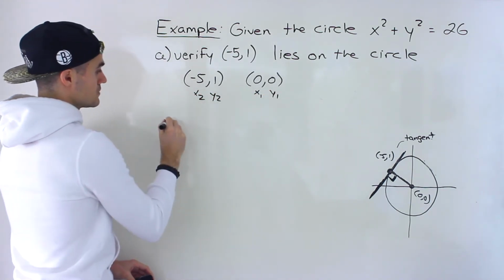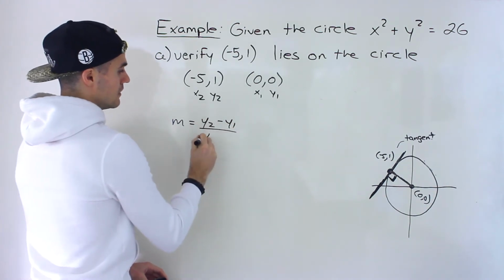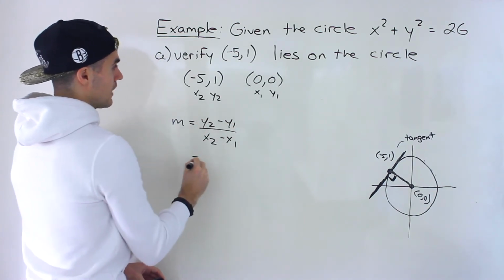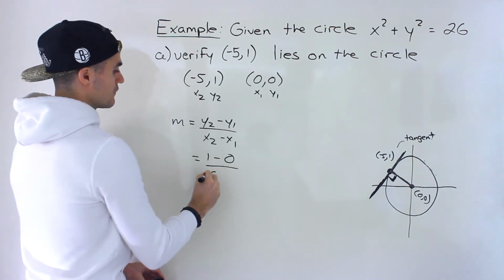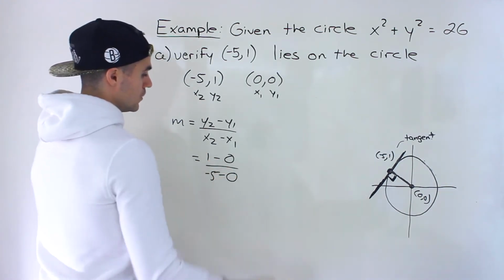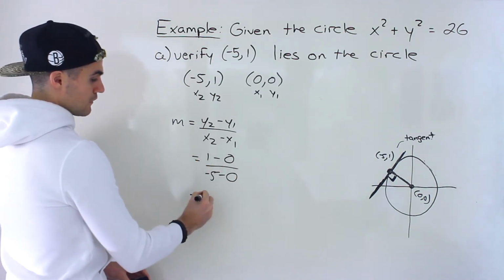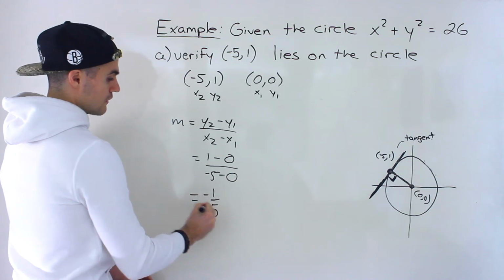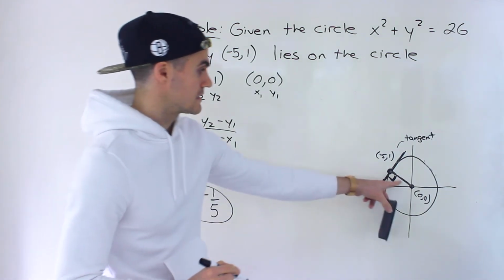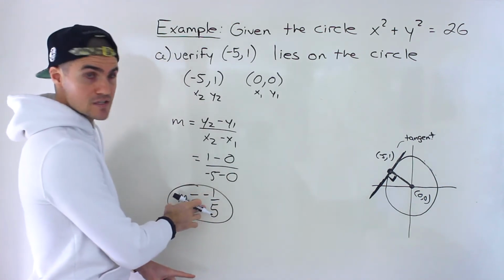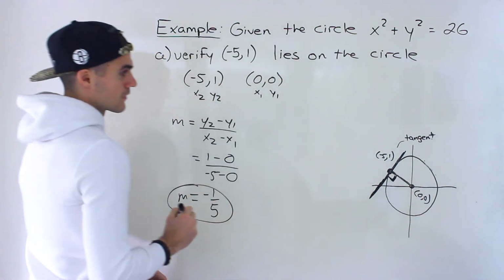So the first thing we could do is find the slope of the line with this formula. So we'll have y2, 1 minus y1, which is 0, over x2, negative 5 minus x1, which is 0. This would be 1, this would be negative 5, so negative 1 over 5 ends up being the slope of this line. And notice it makes sense. We have a negative slope. We have a negative line right there.